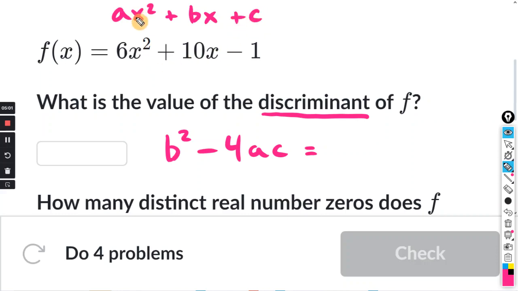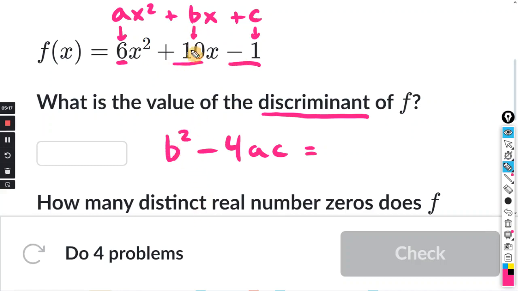Pretty convenient. So A is positive 6, B is positive 10, and C is negative 1. Make sure you maintain the plus minus signs.